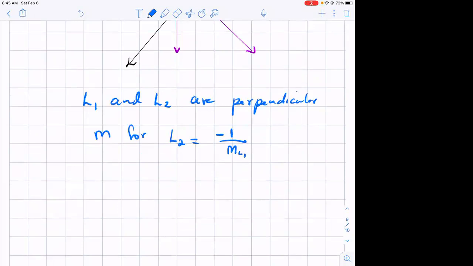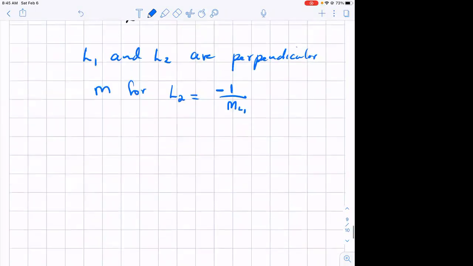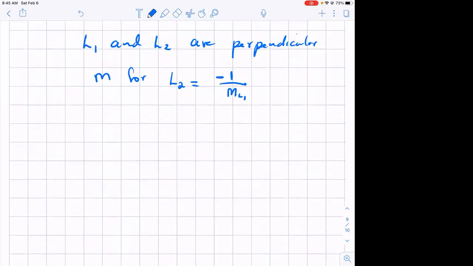So what does that mean? Let's look at an example.